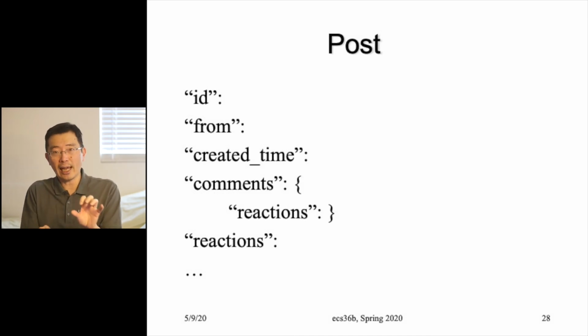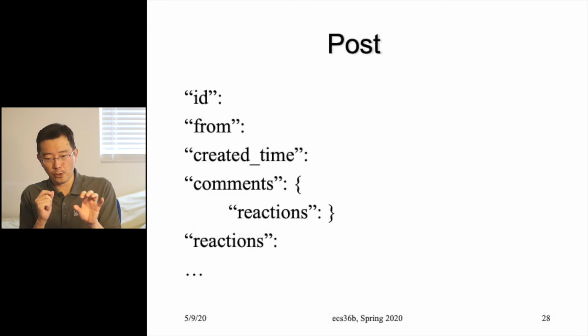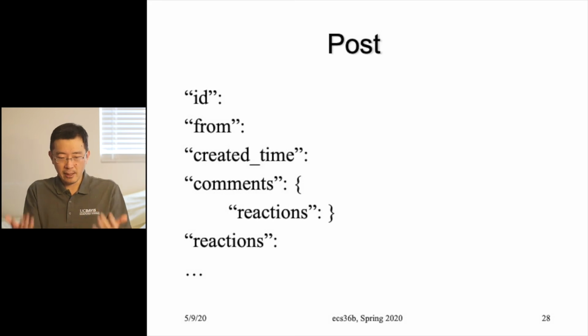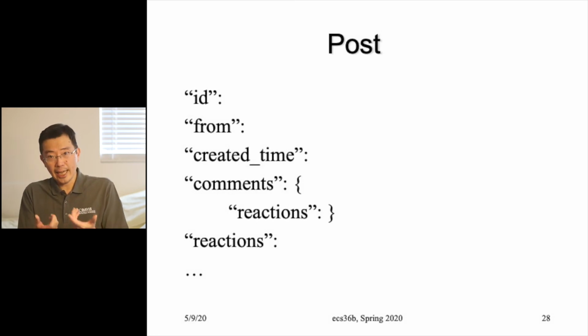So what I model in my post is a comment object, class comment, and then a vector of comments, which is the array in C++ to represent the variable called comments. And I also have a reaction to the post itself. The reaction is a vector or array of all the reaction objects.